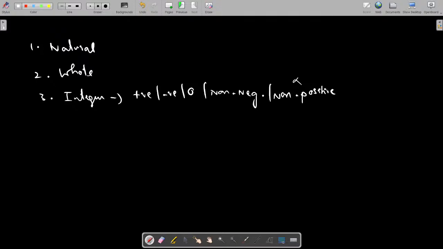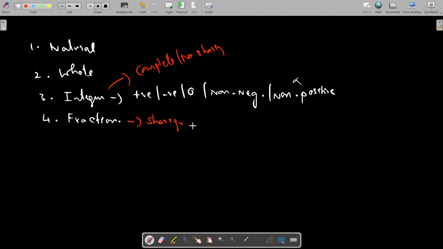Then fourth one, fraction. What is an integer? It's a complete number, or a no-sharing case. What is a fraction? It's a sharing number. And the types of fractions we have seen are proper fraction, improper fraction and mixed fraction.